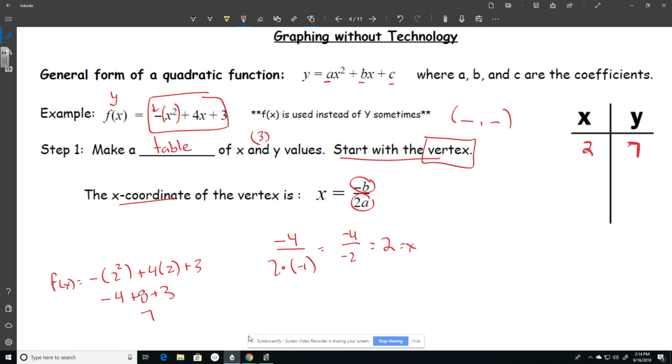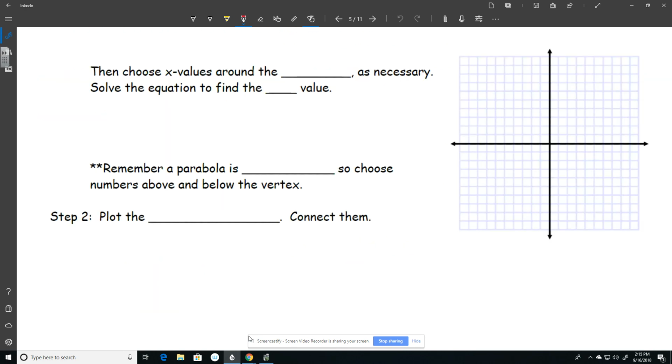So you start with the vertex, 2 and 7. The next thing I'm going to do is choose x values around the vertex. Like I said, I like to pick one above the vertex and one below the vertex. So I've got to plug one in above, one in below.